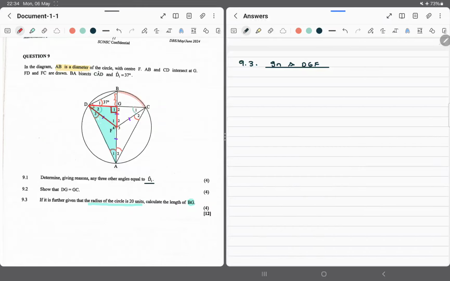That's trig ratios there. Sine of angle D2 is going to be FG over DF. That's just sine. This implies that sine of 16 degrees is equal to FG over DF, and DF is 20 units because it's the radius.